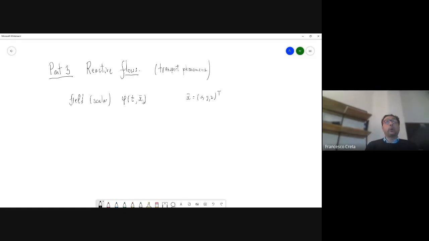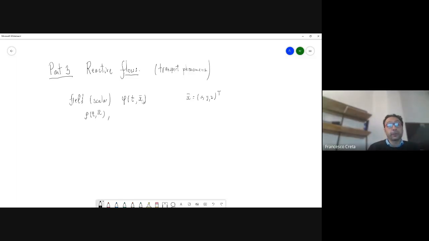So what do we mean by that? Well, this could be, for example, the scalar field of density, the density field rho of time and of space. So you can have a density that varies every instant, in time and in every point. So you can have a gradient of density from one point to the other.